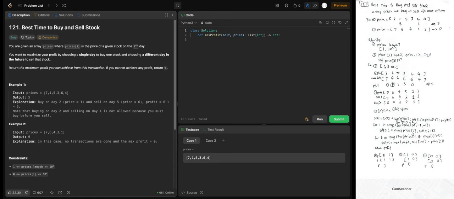And I'm doing it from the back so that I don't need to recompute everything. Then I will go through the prices again, with the assumption that I'm gonna buy at day i and then sell.